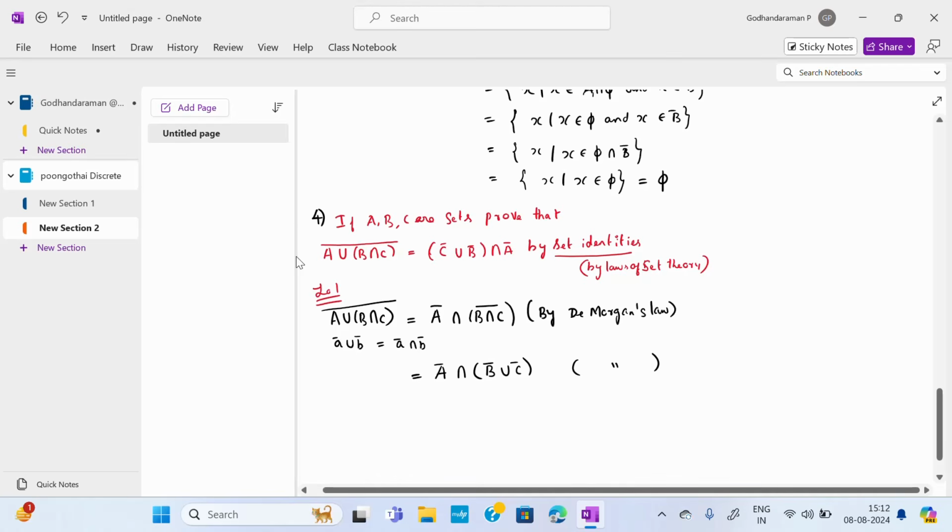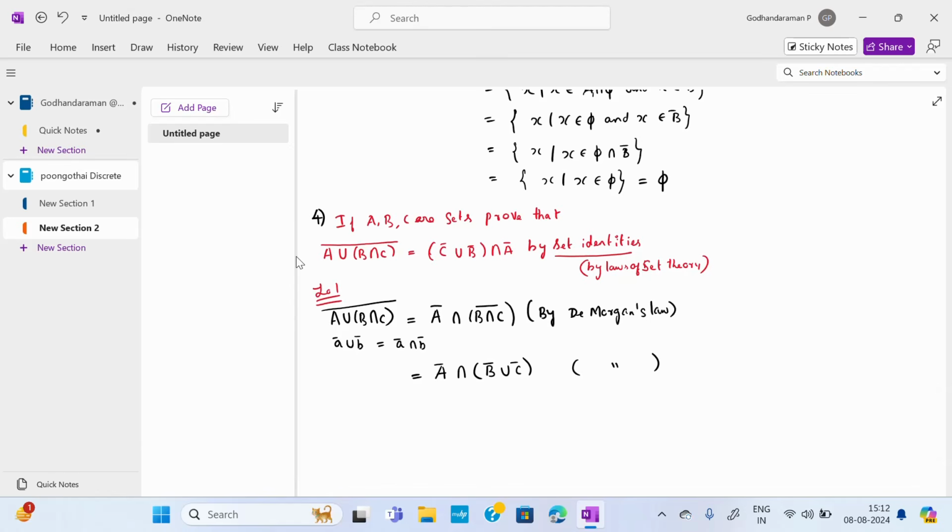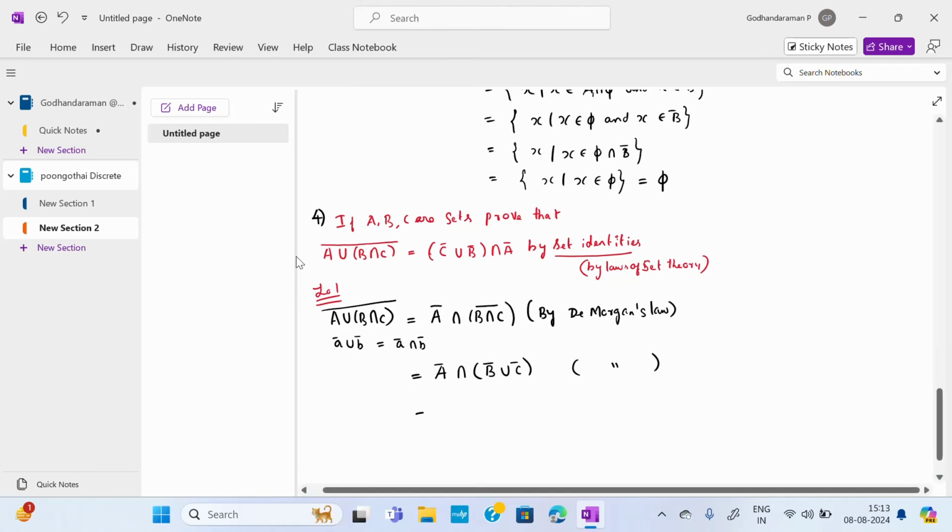Next step, now I have A bar intersection (B bar union C bar), like a commutative law. What do you mean by commutative law? A intersection B is nothing but B intersection A. I can write it, no? So same way, (B bar union C bar) intersection A bar is written by the commutative law.